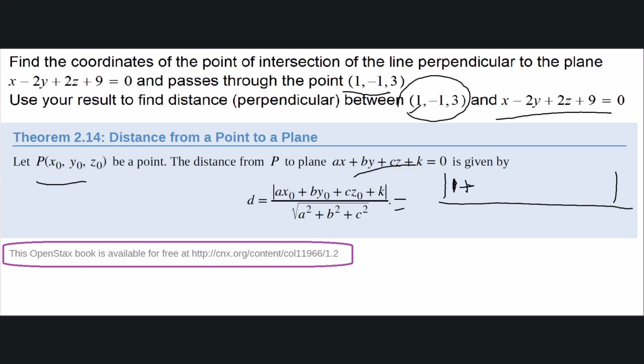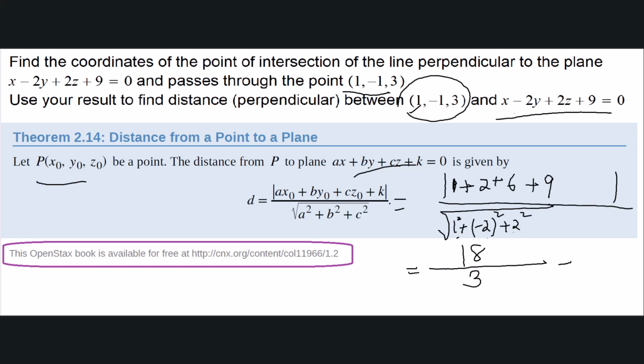Then plus b, which is negative 2, and y0 is negative 1, so that will be plus 2. Then c is 2, and 3 times 2 is 6. Then we have our 9 here, and we get a square root of 1 squared plus negative 2 squared plus 2 squared, which is 1 plus 4 plus 4, that is 9. So 18 divided by 3. So the distance will be 6 as we calculated.